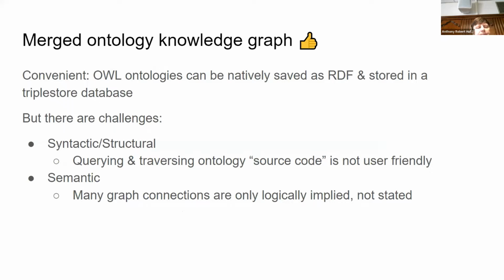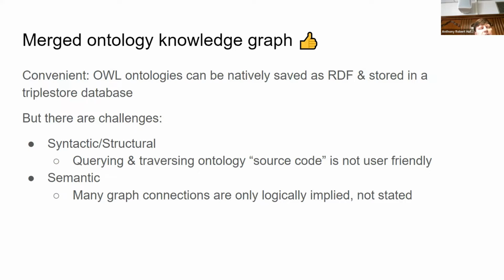There are two aspects of it. One is syntactic. What you're really putting in there is ontology source code. The way OWL looks in RDF is a representation of the axioms, but it's not necessarily the best view of an ontology as a graph. Rob talked yesterday about ontologies being graphs or sets of axioms.